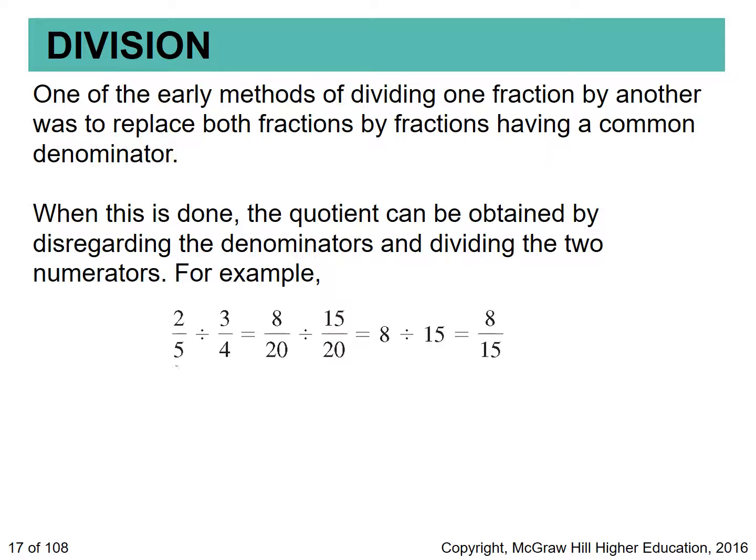Okay, so if the original problem was 2/5 divided by 3/4, we can write 2/5 as 8/20, and 3/4 can be written as 15/20. So now that they have the same denominator, I can just ignore that part of the problem, because 20 divided by 20 is 1, I'm not going to change anything, right? So I can just ignore the denominators and look at the top part, 8 divided by 15, and write that as a fraction.